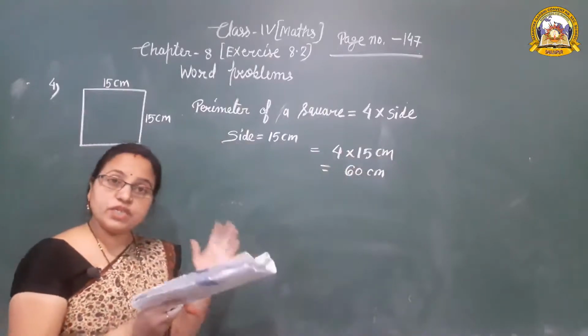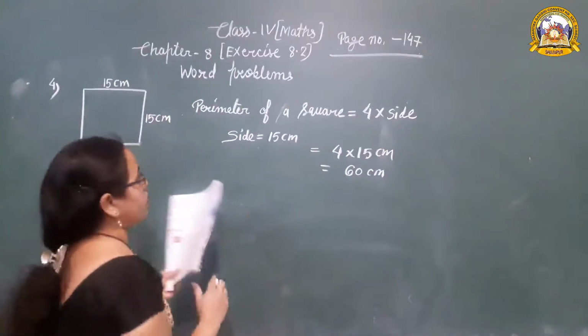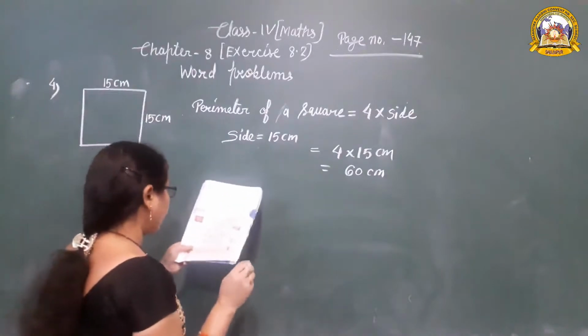Okay, now Rita has a 1 meter long ribbon, which means the total length of the ribbon is equal to 1 meter. She uses it to decorate the given handkerchief.